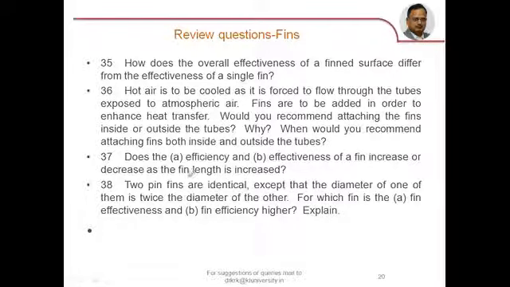Question number 37. Does the efficiency and effectiveness of a fin increase or decrease as the fin length is increased? Question number 38. Two pin fins are identical except that the diameter of one is twice the diameter of the other.